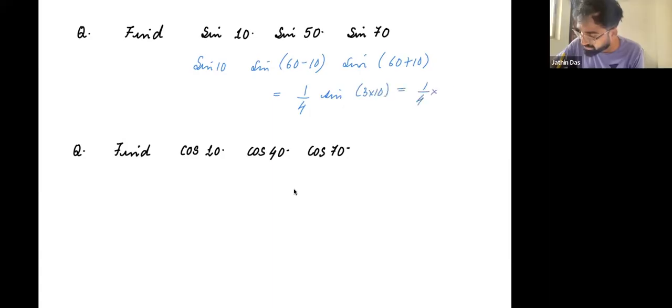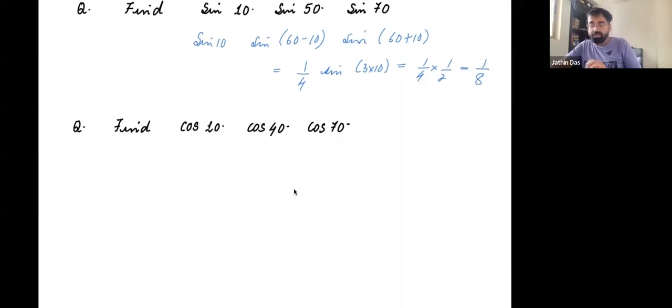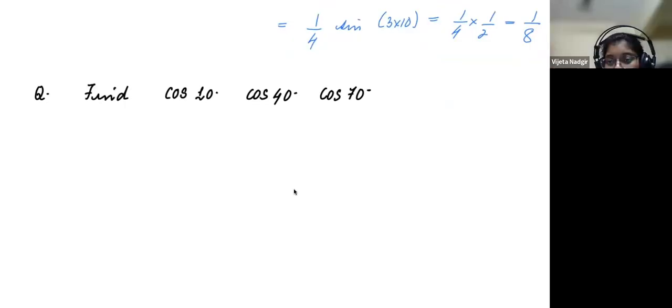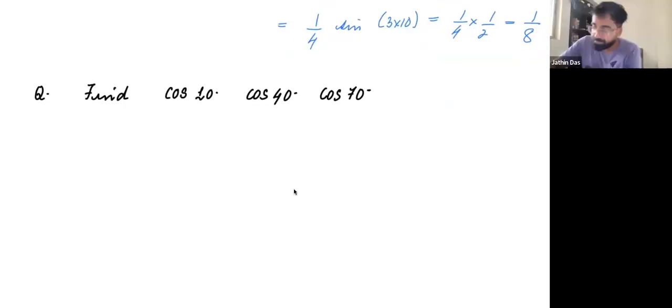So 1 by 4 sine 30, and sine 30 is 1 by 2. Here also, can you see it is the same? Is it the same? I'm asking. No.